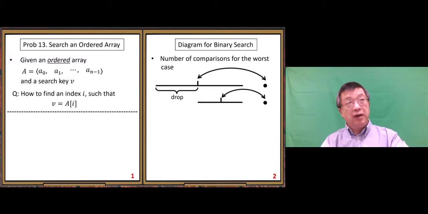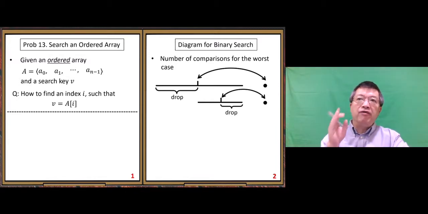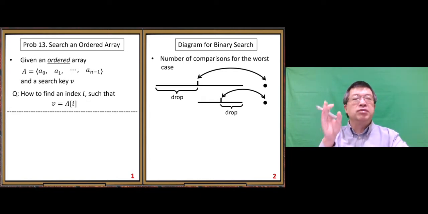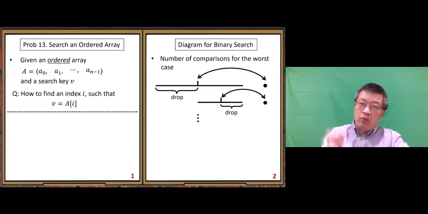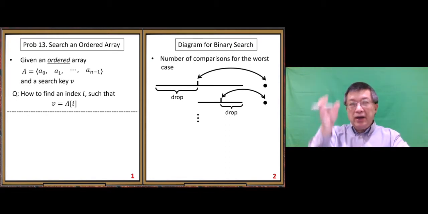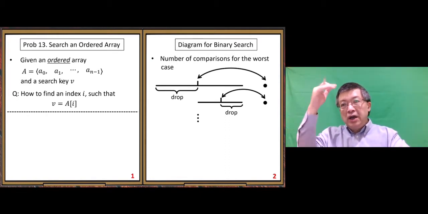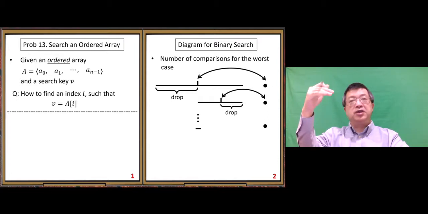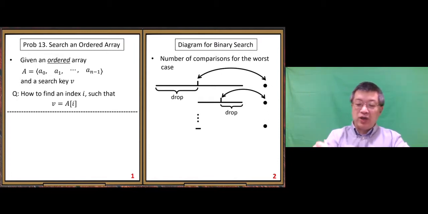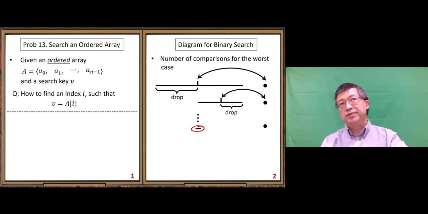So the second comparison, we drop 1/2 of the current problem size. Then we keep doing this, every time we chop 1/2 of the data size. And after k comparisons, suppose we get data size as small as this one.